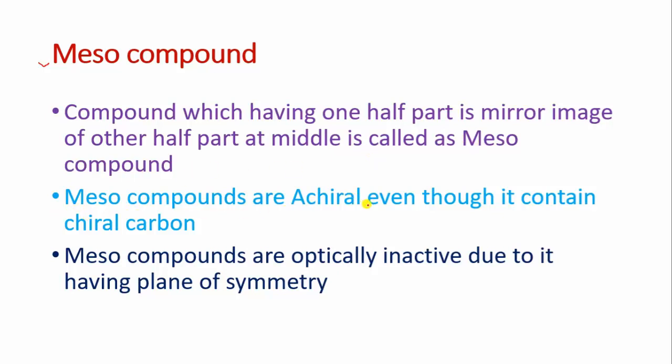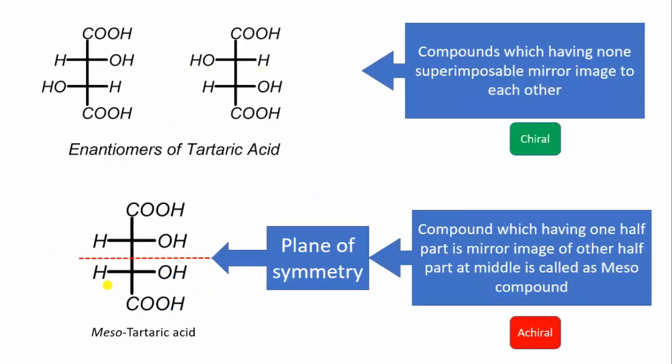Meso compounds are achiral even though they contain chiral carbons. Meso compounds are optically inactive due to having a plane of symmetry. In this example, enantiomers are chiral and meso compounds are achiral because of the plane of symmetry.